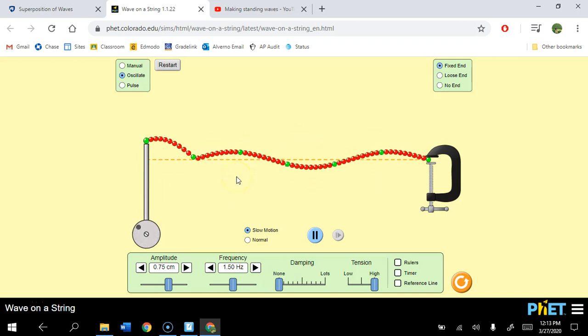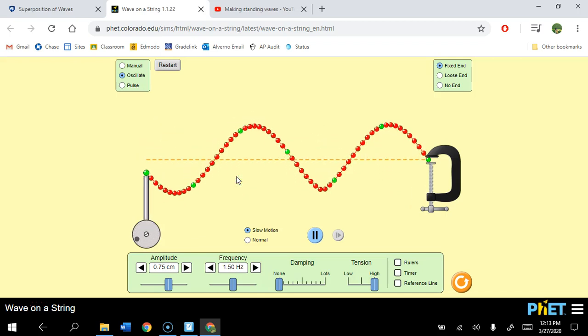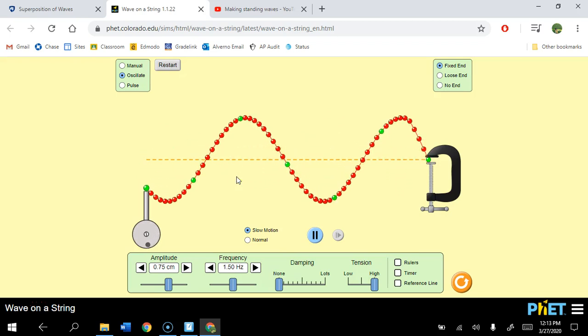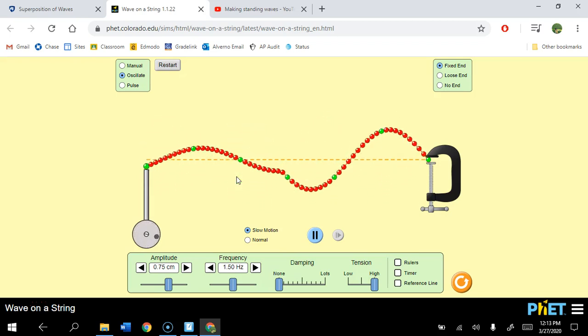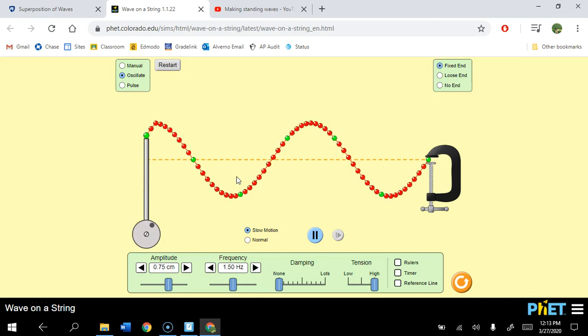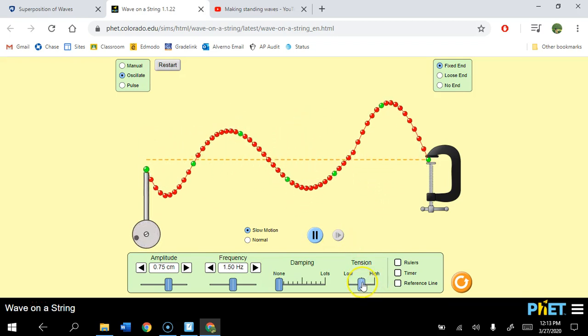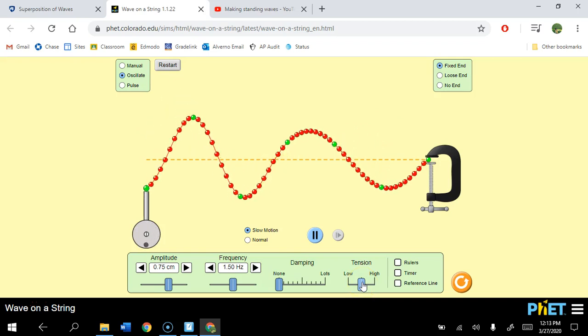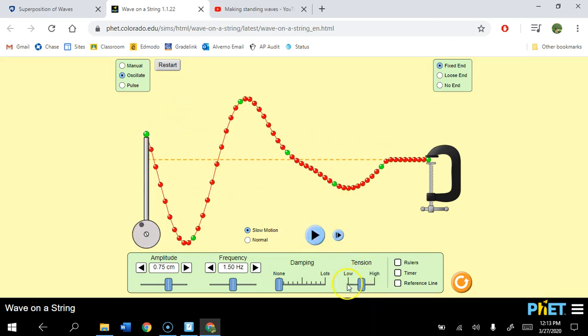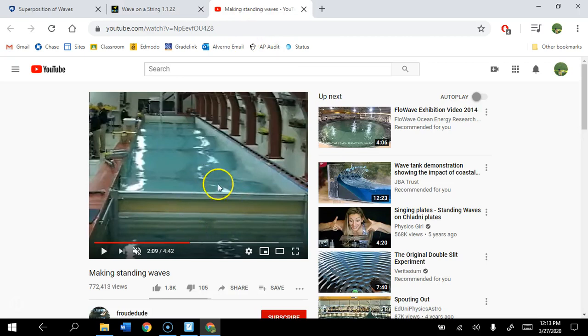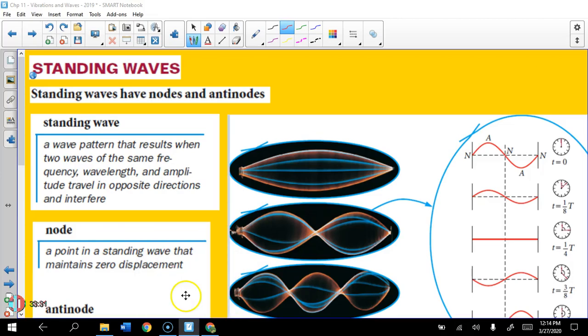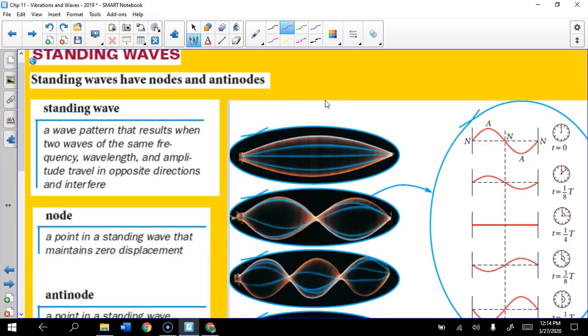It's not exact. To make a standing wave occur perfectly, you need to have the same thing going in the top as in the bottom. If you can manage that, then you essentially have a standing wave. This at the moment isn't exactly a standing wave, but it gives you an idea of the pattern you saw in a standing wave. I'll show you a few more things about this.